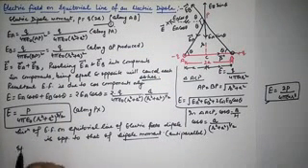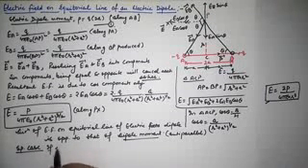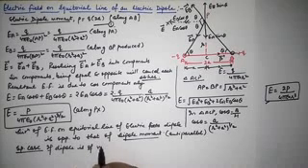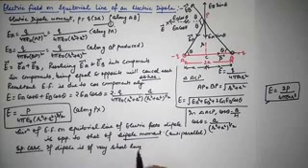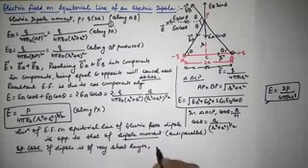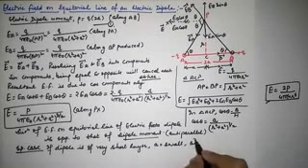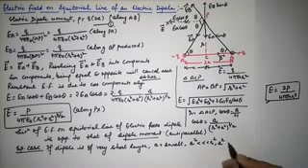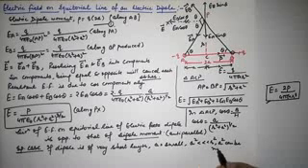Now we can take a special case also. If the electric dipole is of very short length, we can say this a is very small. So a square is very less as compared to r square, and this a square can be neglected.